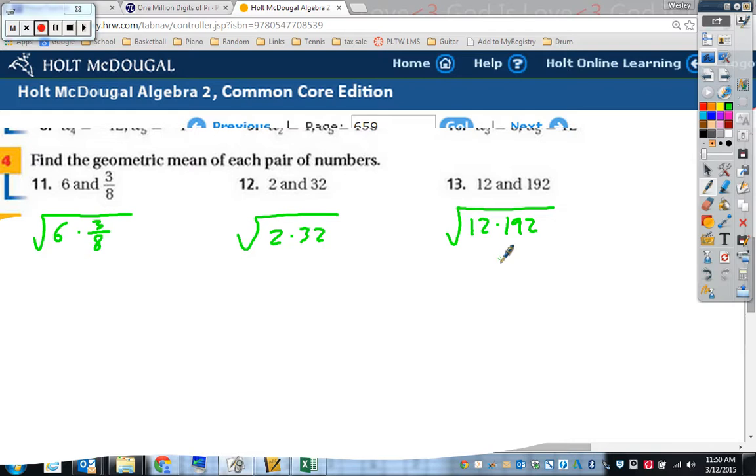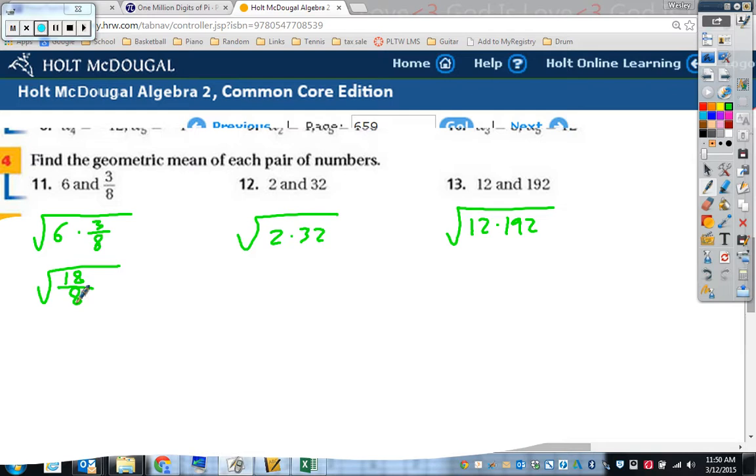Alright, so for geometric mean, I just do the square root of the two numbers multiplied together. So for this one, I have 6 times 3 over 8. Well, 6 times 3 is 18, so I have the square root of 18 over 8.